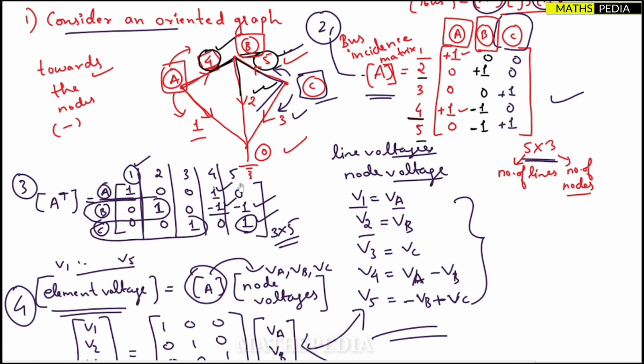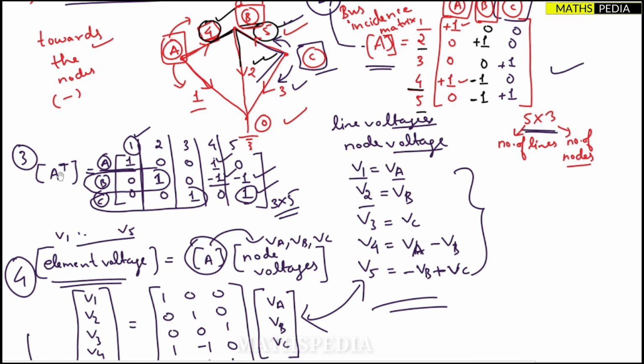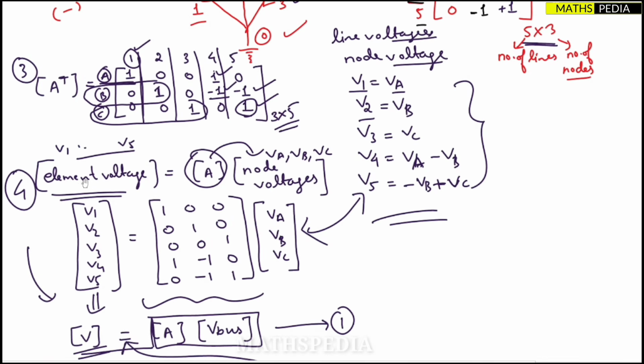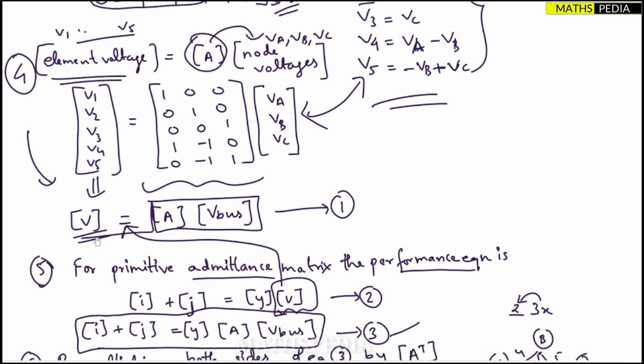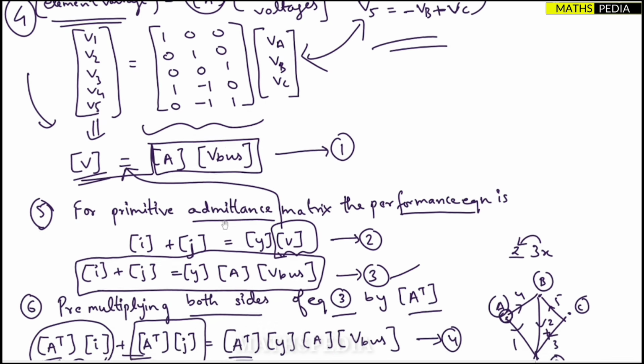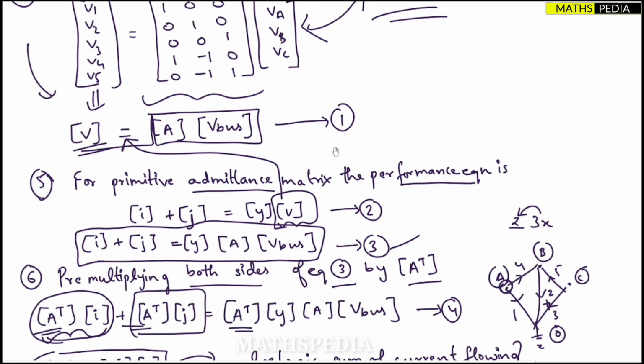And the third step is that I am forming A transpose of that matrix, and I am trying to get the relation of the element voltages or line voltages with the node or bus voltages, using the bus incidence matrix, which is nothing but the A matrix. So this is what the relation is. The element voltages is equal to A into the bus voltages or node voltages. Name this as the first equation.